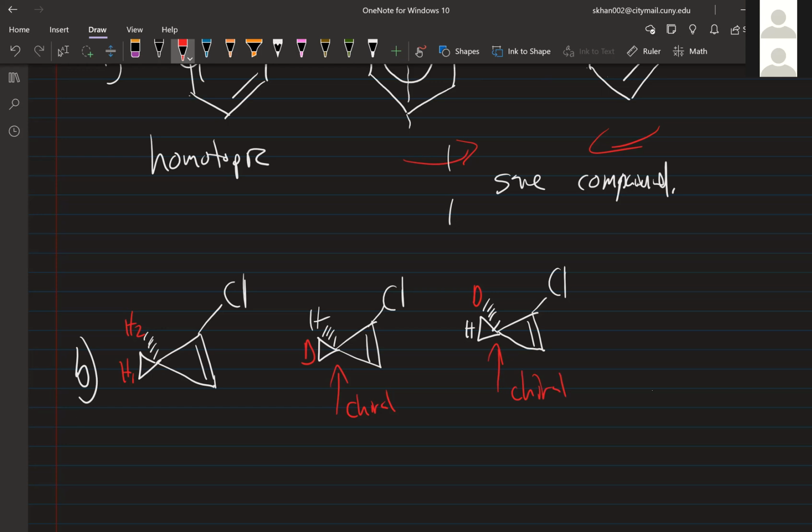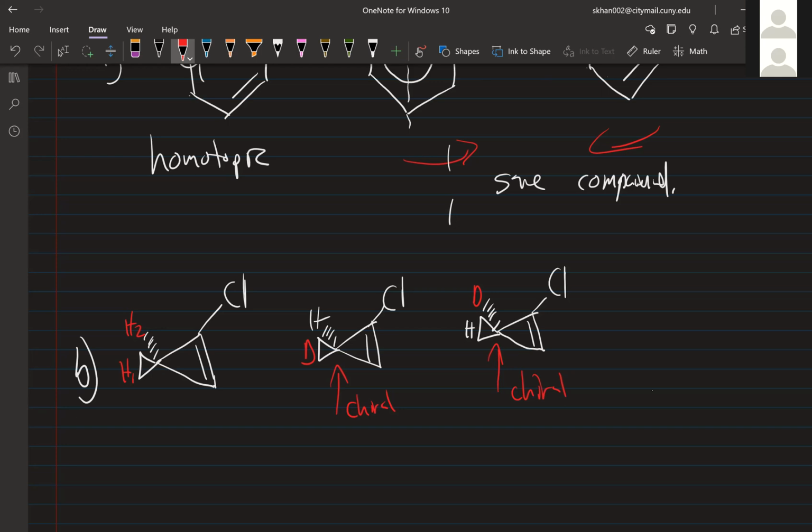So now a quick way to always tell whether things are enantiotopic versus diastereotopic is if there are any other chiral centers on the molecule, right? Remember, essentially the difference here is there's a D on a wedge and a D on a dash, right?